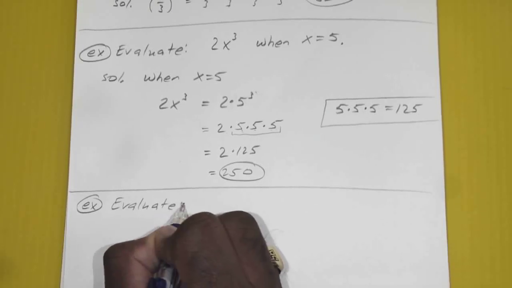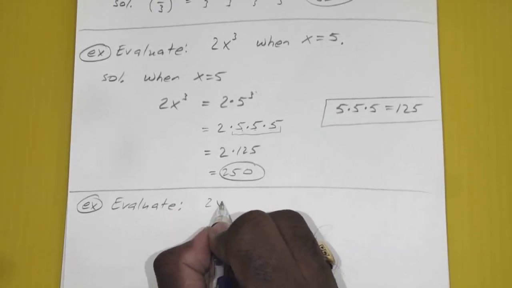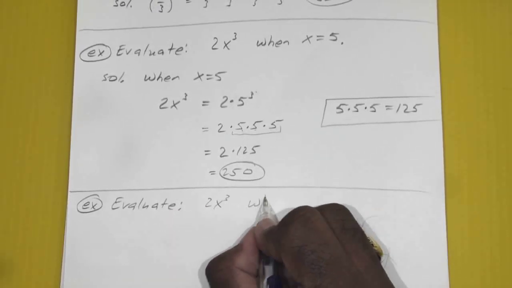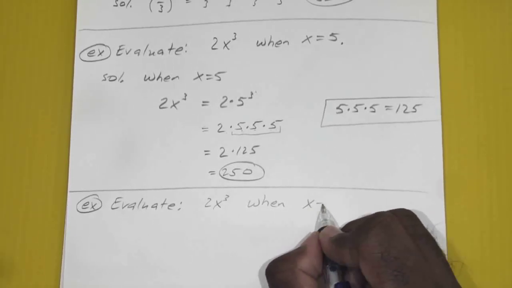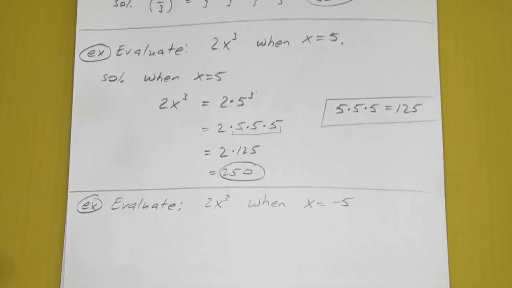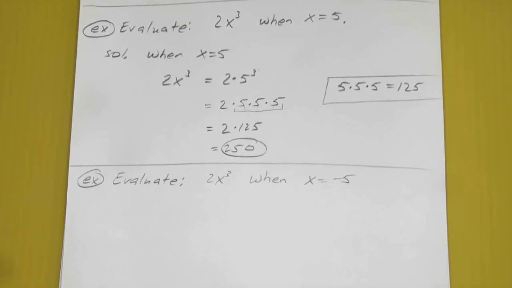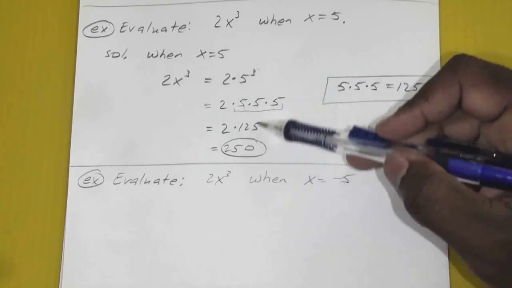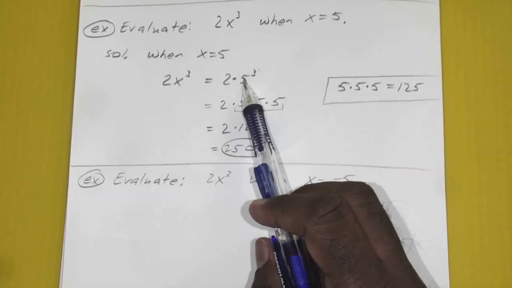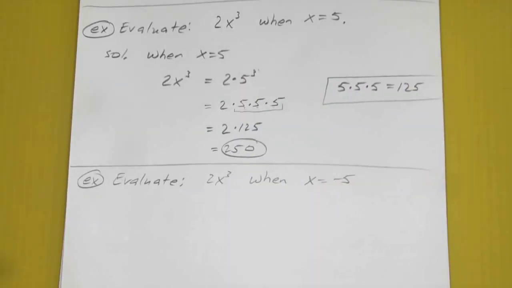So what if we wanted to evaluate 2x to the third when x equals -5? Everything else is exactly the same as up here. The only difference is instead of 5, it's going to be -5 everywhere.